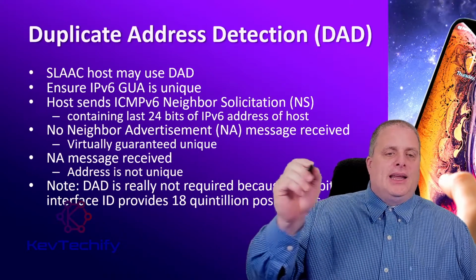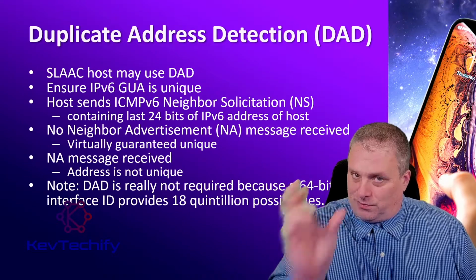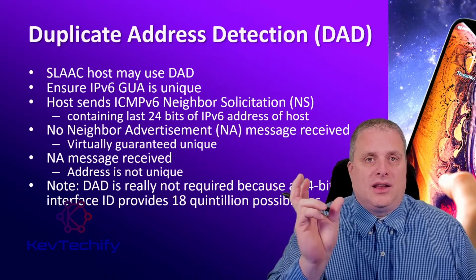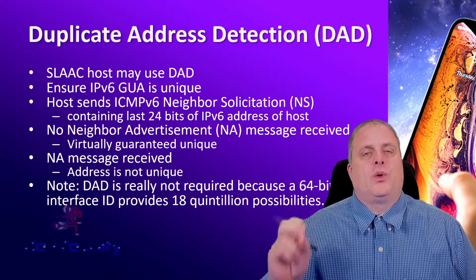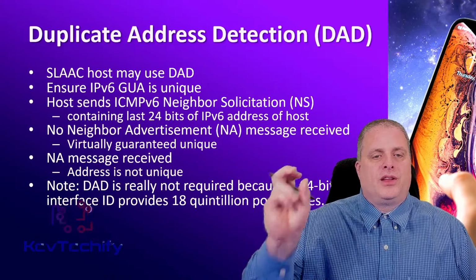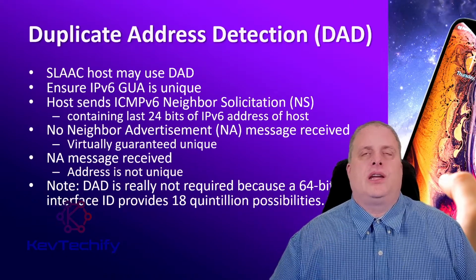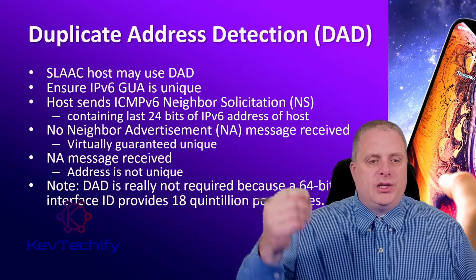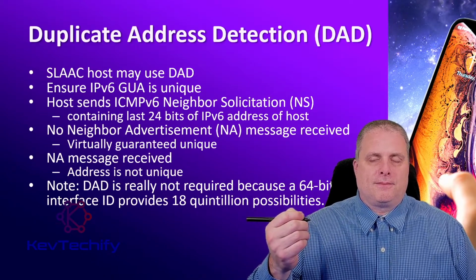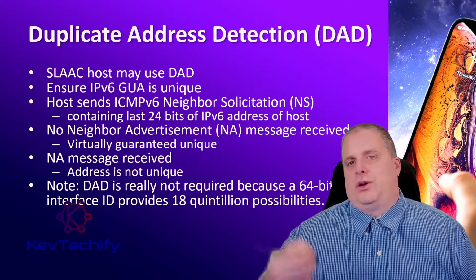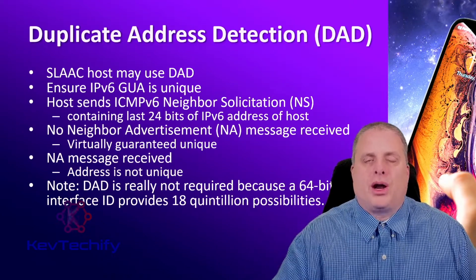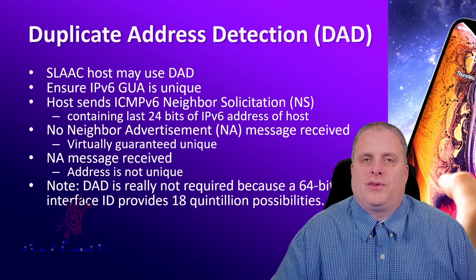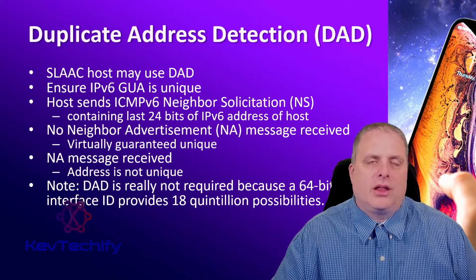It doesn't compare the full 64 bits of that identifier, it just does the 24. And if it doesn't match on 24, we're going to say it's virtually guaranteed. And if we do get a message back and it's not unique, we just generate another one and send it out. Most of the time, if it's not unique, generate another one and it'll work.